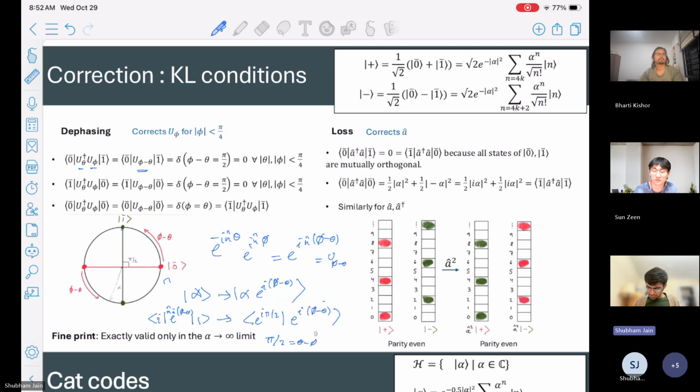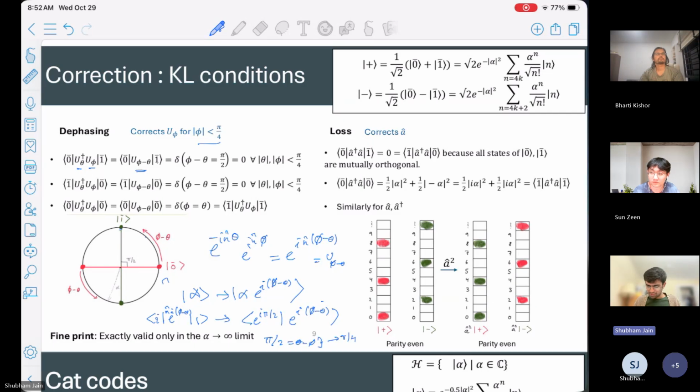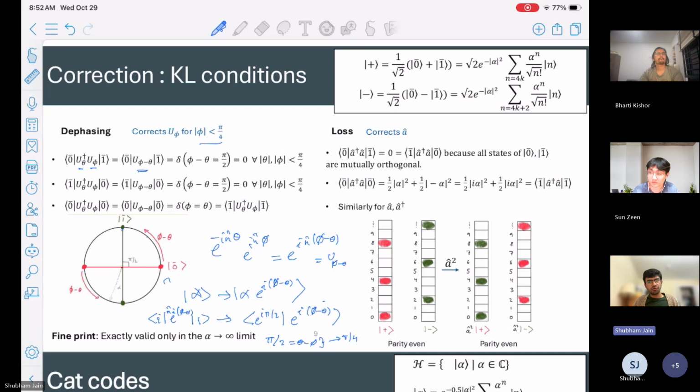And the maximum value of phi minus theta can be pi over 4 because of this condition. So as long as theta and phi are both less than pi over 4, then there is no overlap ever between the 0 and the 1 state, and essentially all of these KL conditions are satisfied.